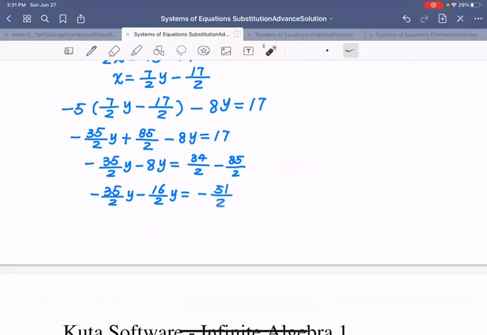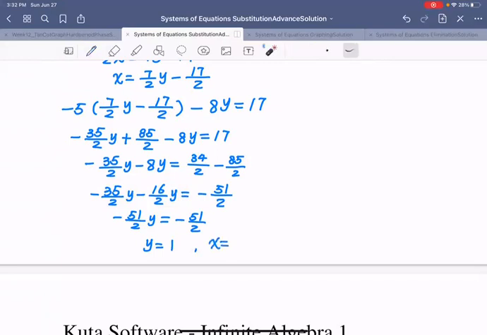Okay, let's see the other. Negative 51 over 2y. So y equals 1. Very good. Y equals 1. We can plug in to get x.